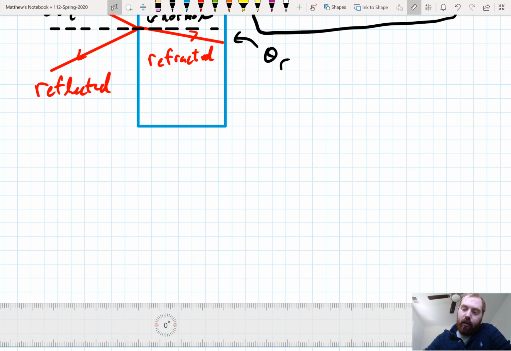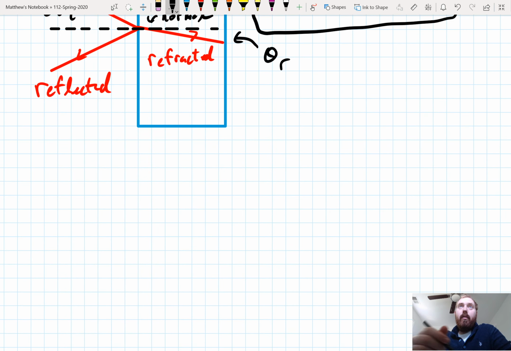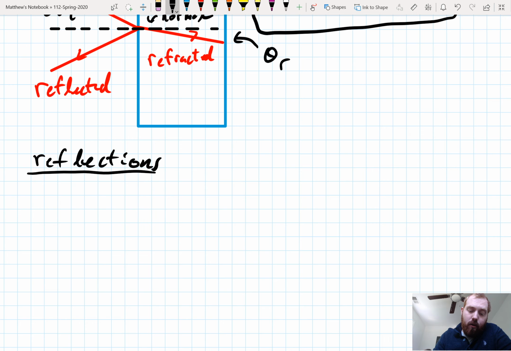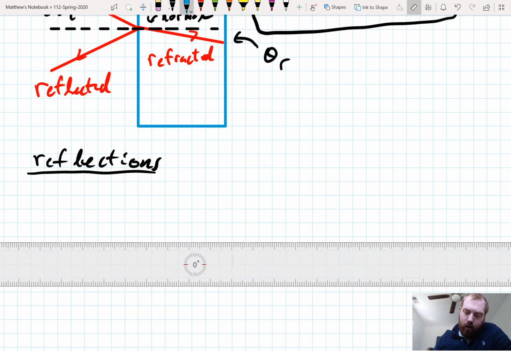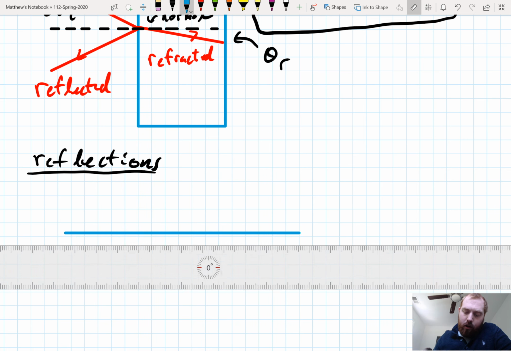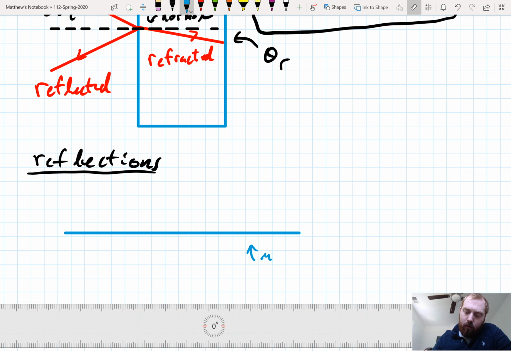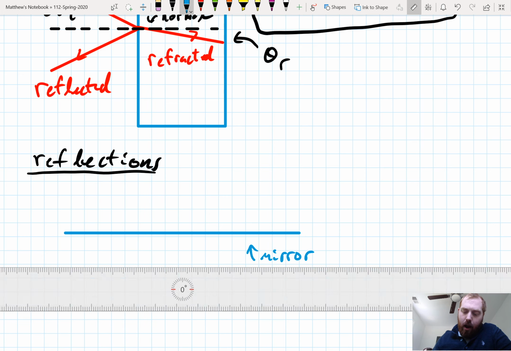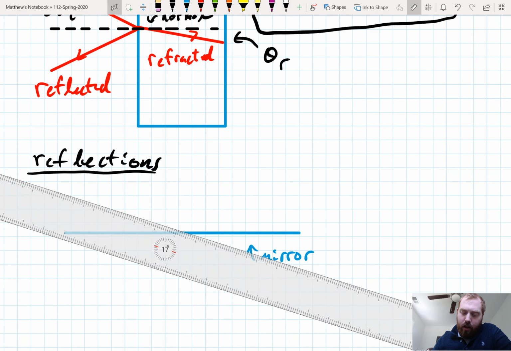So let's do this in a little bit more detail. All right. Let's do reflections. They're a little bit easier. Let's bring my nice handy ruler back in. So I've got some mirror. And a ray is going to come in.